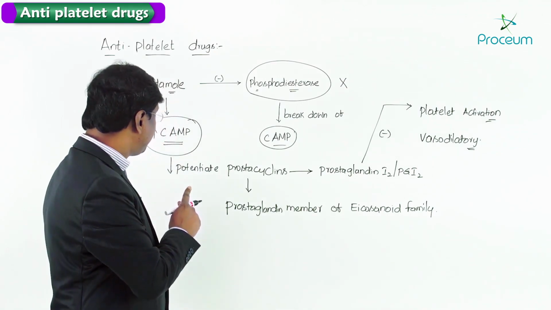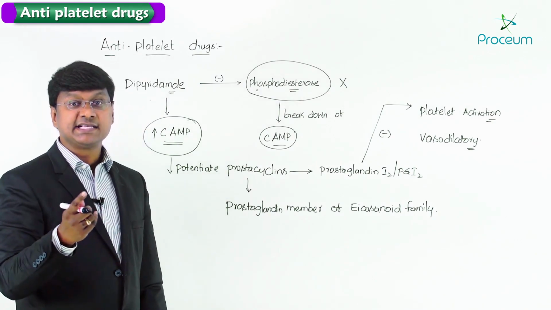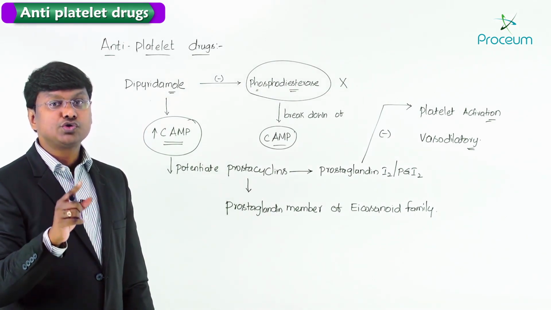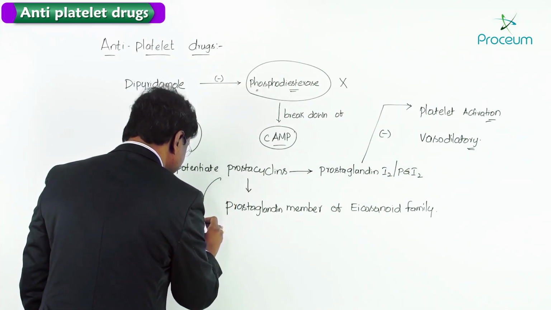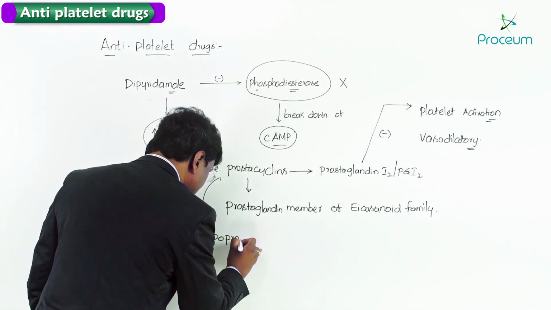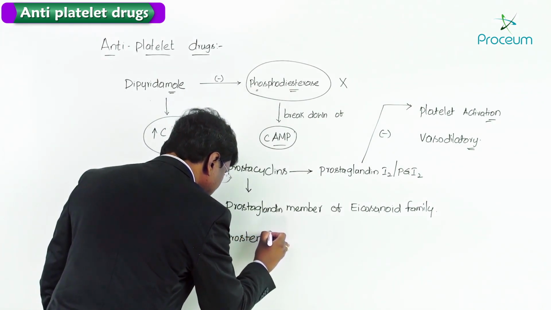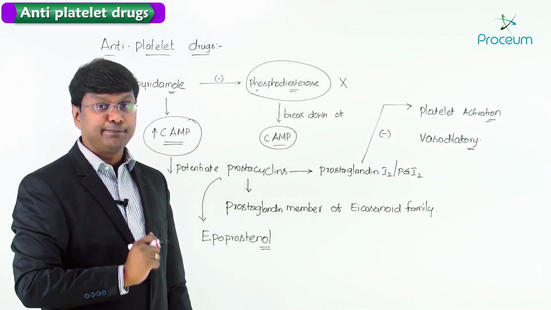Now, this prostacyclin, which is your PGI2, when used as a drug, is also known as epoprostenol.